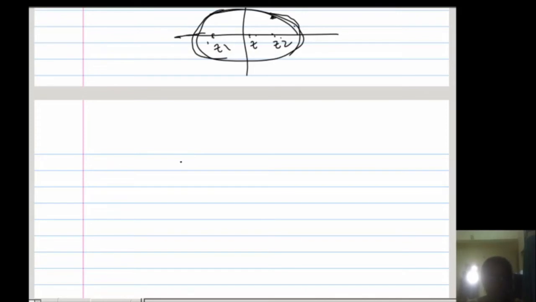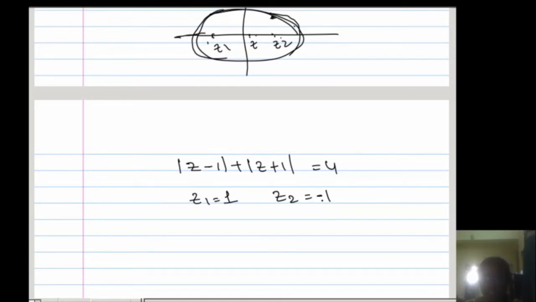One problem you can understand that. Mod z minus 1 plus mod z plus 1 is equal to 4. See, in this you understand that mod z minus z1 plus mod z minus z2 is equal to 4. Here z1 is what? 1. z2 is what?